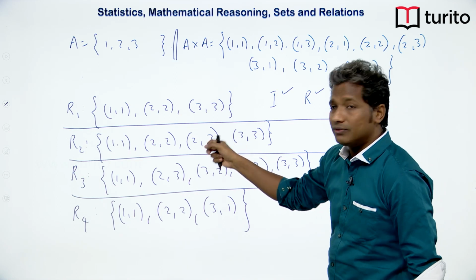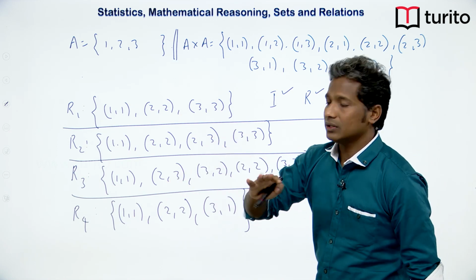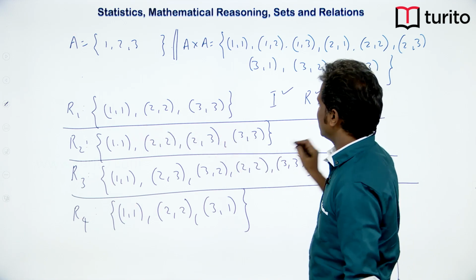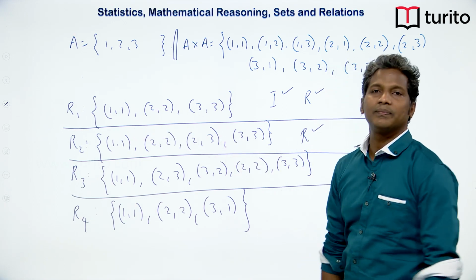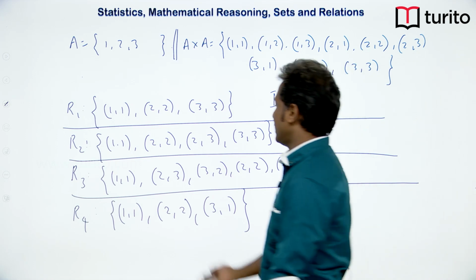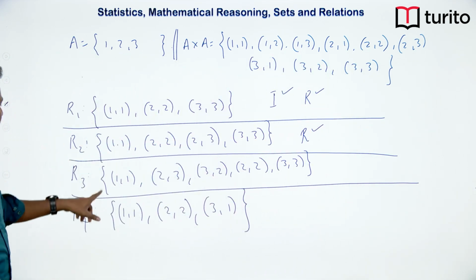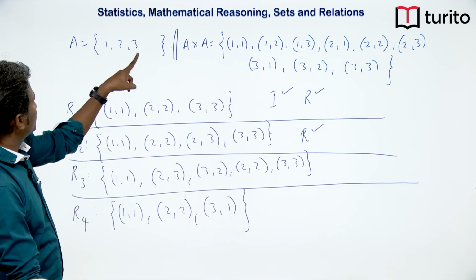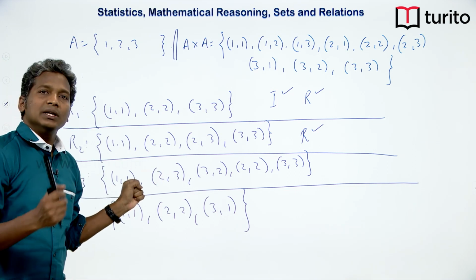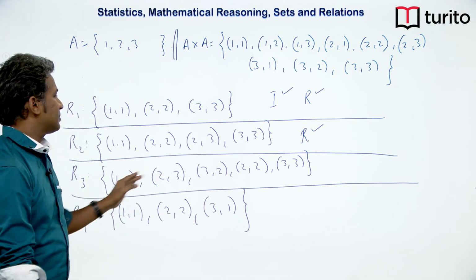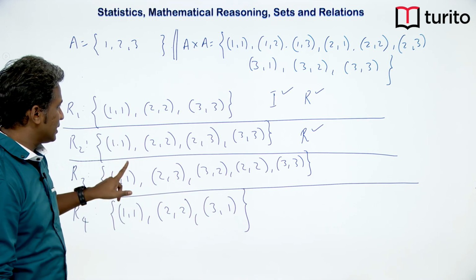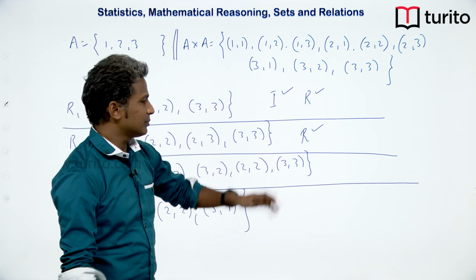Now, irrespective of whether there are other elements or not, if these three are present, then it is reflexive relation. Okay. And similarly, the next one, see if all possible y equal to x type of ordered pairs are present or not. So, 1 comma 1 is there, 2 comma 2 is there, 3 comma 3 is there.